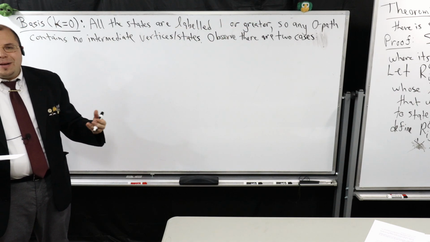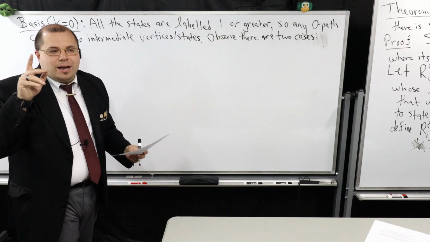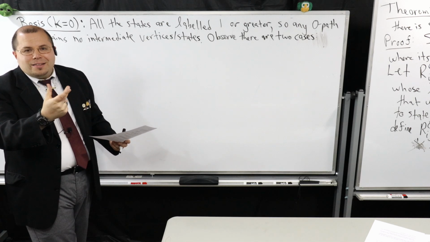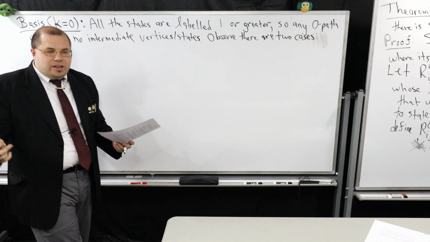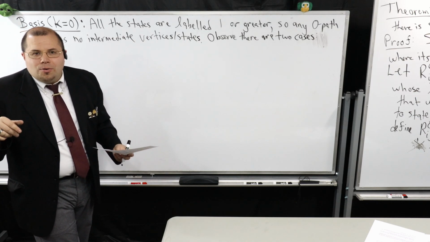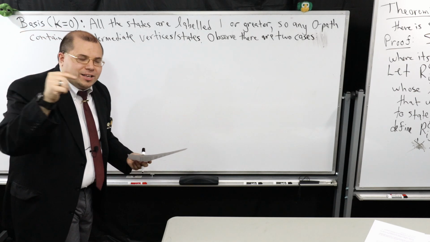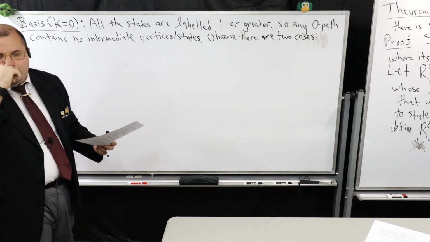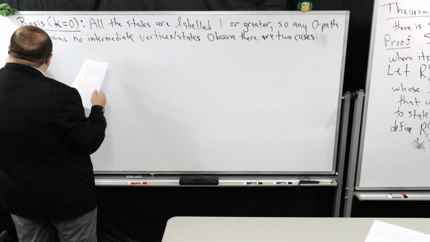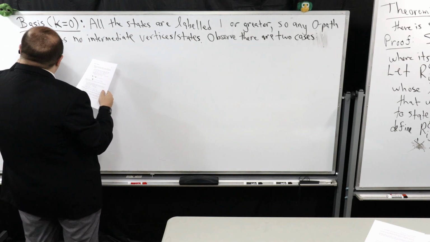Well, in my picture I had i and j. I could take a self loop, but what would that be? That's when i is equal to j. Or I go from i to j, where j is a different state from i. So there are two cases: i is not equal to j, and i is equal to j.